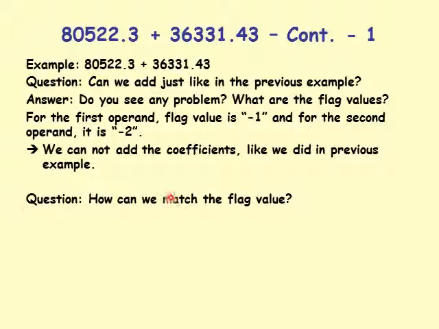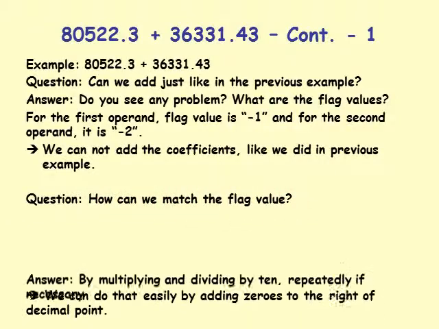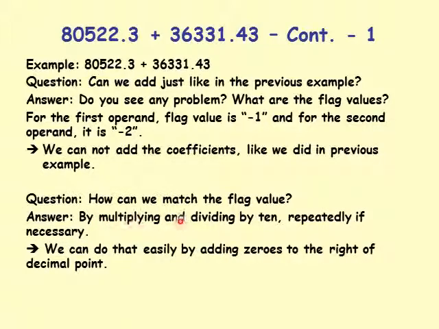Do you remember what we did in the previous section? We were able to change the flag values by multiplying and dividing by 10 repeatedly if necessary. The flag value is -1 in the first operand and -2 in the second operand. So for the first operand, we'll multiply and divide by 10 repeatedly if necessary until we get a flag value of -2.